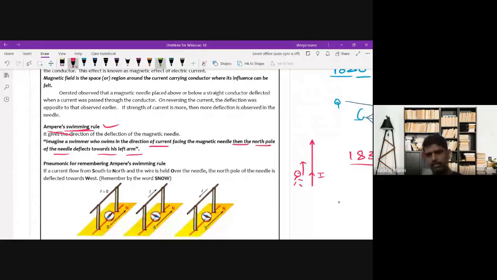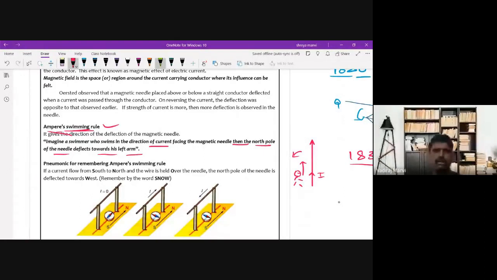Then obviously what will happen? The north pole of the magnetic needle will deflect towards his left. For example, if you observe in the diagram also, when the current is upwards, you can see the red point of the magnetic needle is deflecting towards the left side. Similarly, if you change the direction of current here, then obviously it will come towards his right.